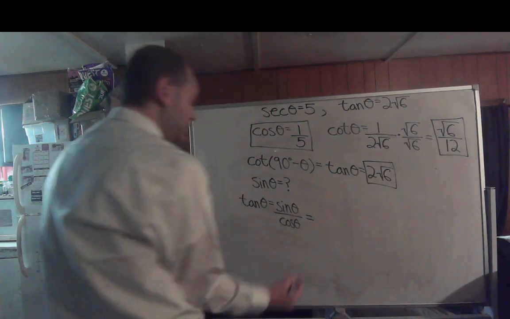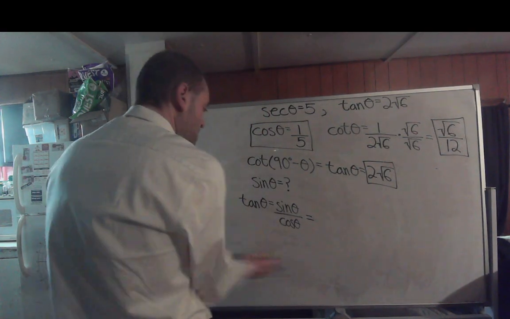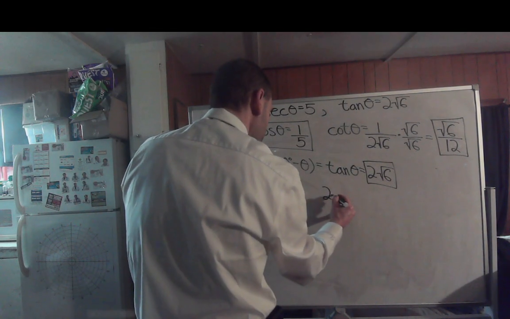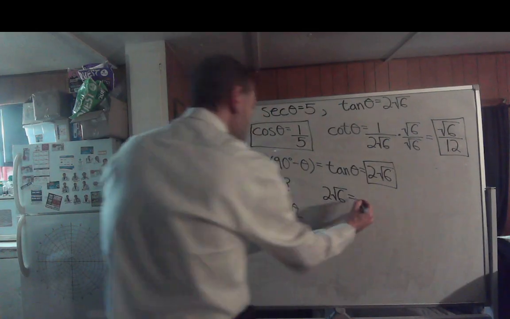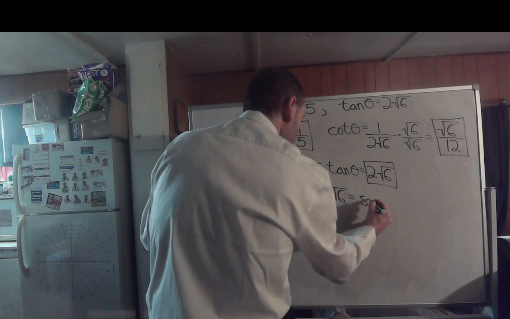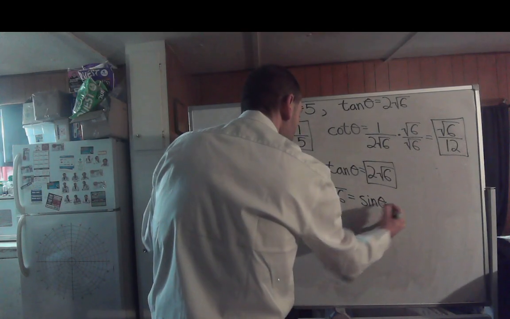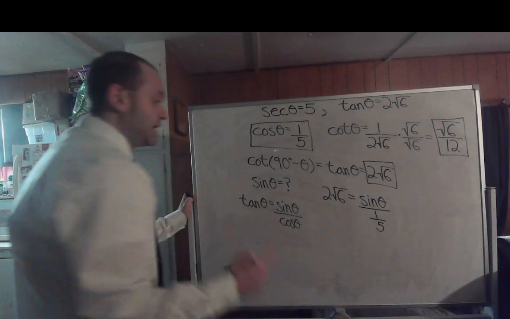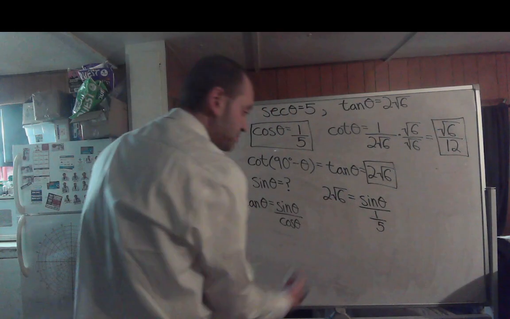So this is really going to be equal to, well, let's do this here. Tangent was 2 times the square root of 6. That's going to equal your sine of theta all over 1/5. Now you just multiply both sides by 1/5.